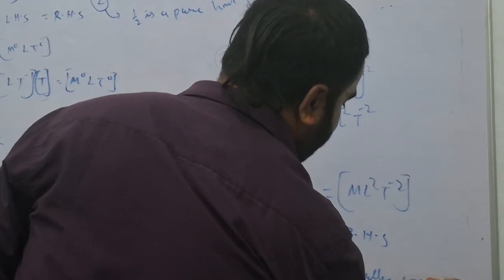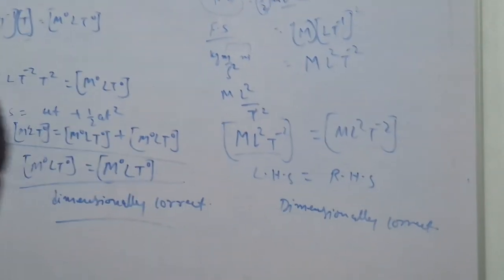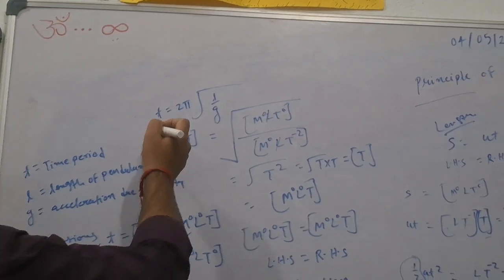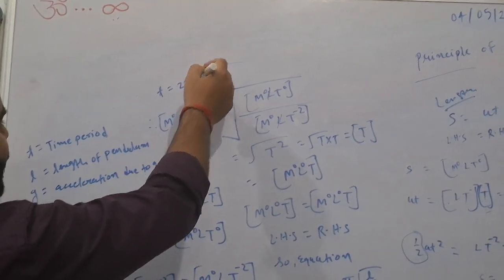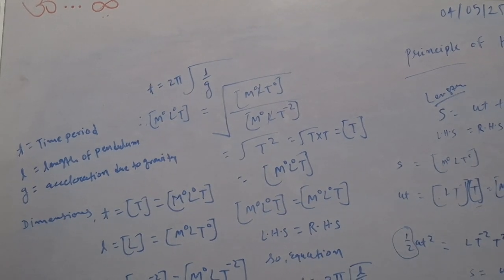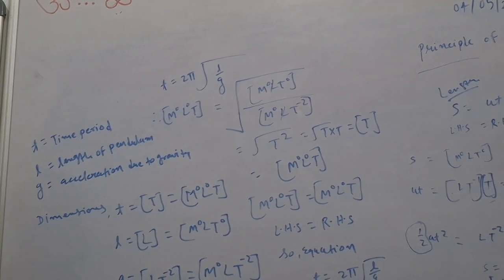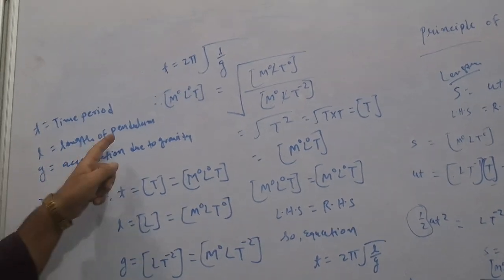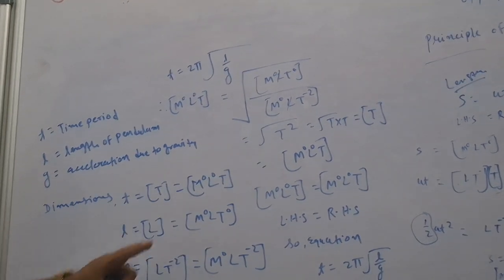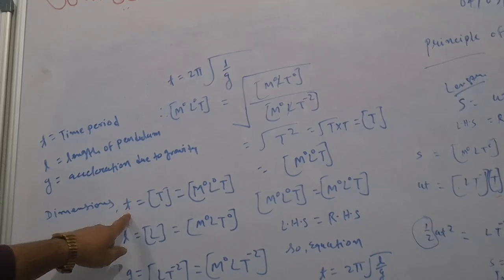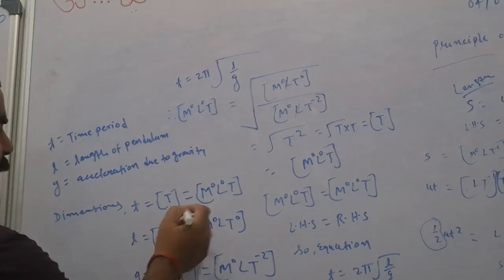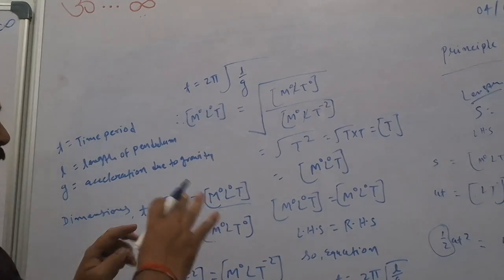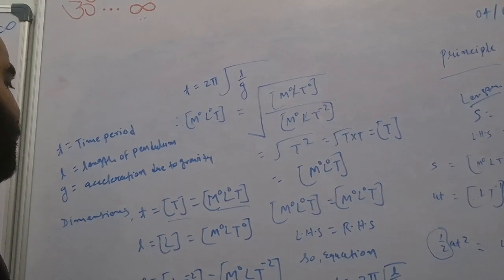Now there is one more formula. T is equal to time period is equal to 2 pi root over L by G. Now we have to check whether this is dimensionally correct or not. T is the time period, L is the length of the pendulum, G is the acceleration due to gravity. So the dimension of T can be written like this: M0, L0, T. This is the standard form of writing the dimension.